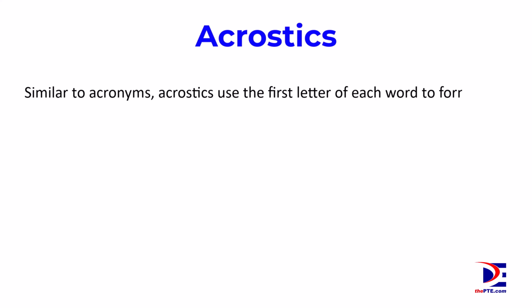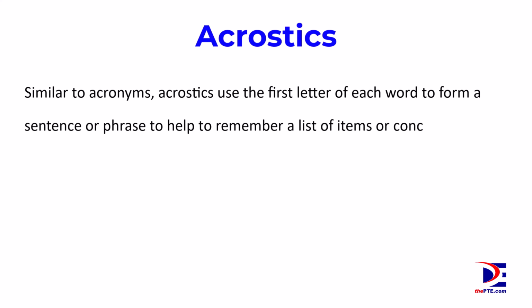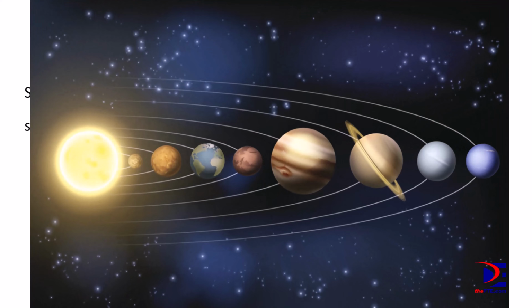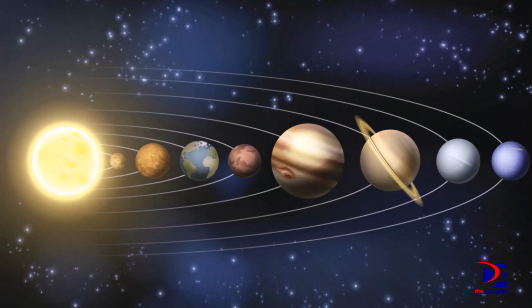Next is acrostics. Similar to acronyms, acrostics use the first letter of each word to form a sentence or phrase to help remember a list of items or concepts. For instance, the following order will come very handy if one day you are lost in the Milky Way galaxy.